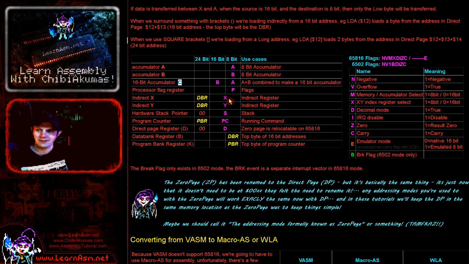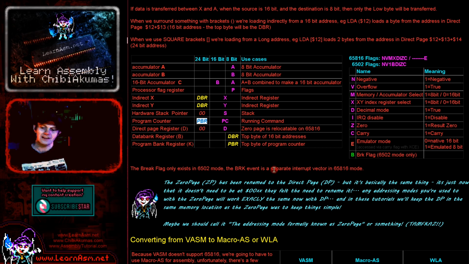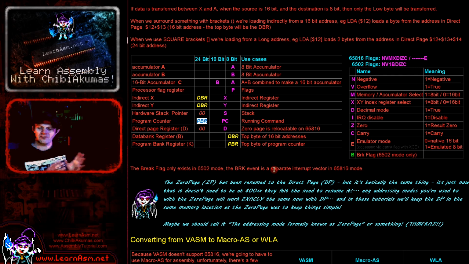So when we use X and Y as indexes, the top 8 bits will be made up of the data bank register, which is sometimes referred to as B, and the program counter will be made up of the program bank register, which is sometimes known as K, and we'll see that in some of the commands later on. So this is how we've extended the processor so that it can support 24-bit addressing from its original 16-bit addressing roots.